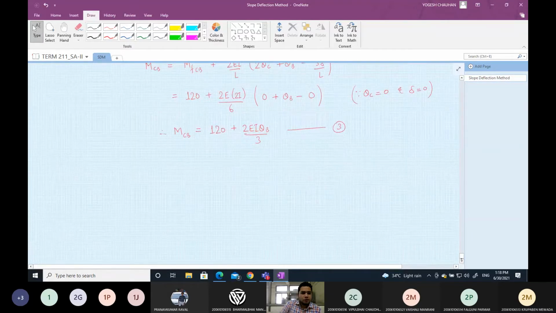Now next step is to apply the equilibrium condition.